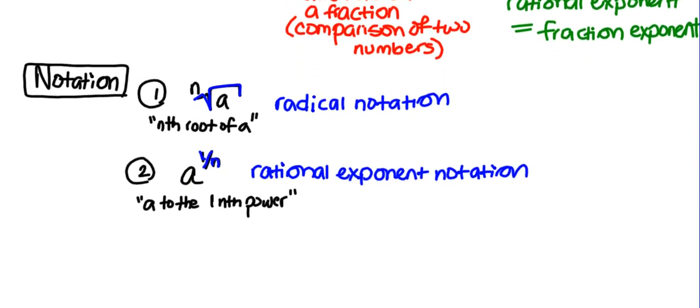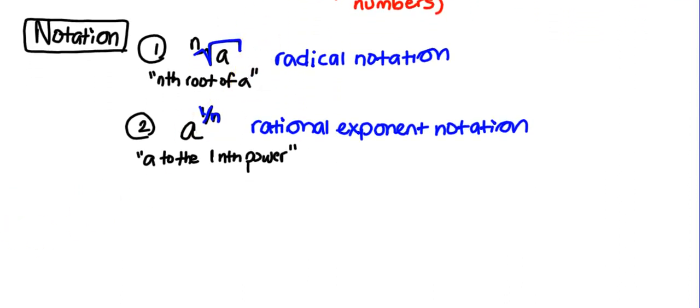Some of us may have seen this in Algebra 1, so I'm going to make a connection here. Put it off to the side. Square root of x. How could I write that as x to a power? We call this a square root because there's an invisible little 2 right here. This is x to the first power.